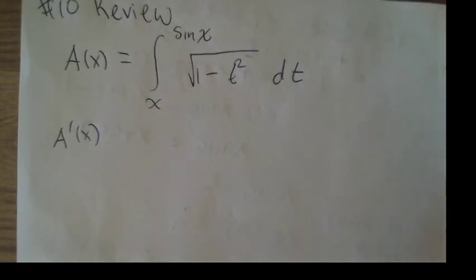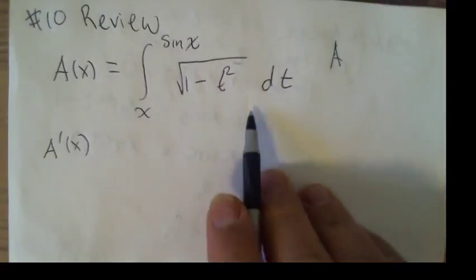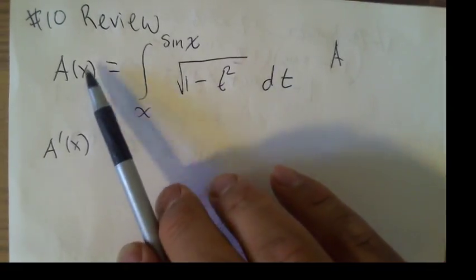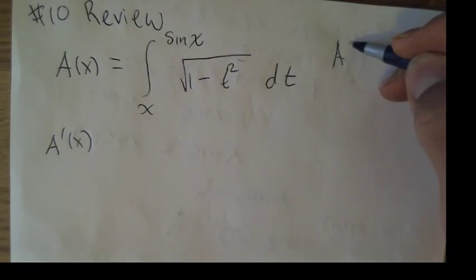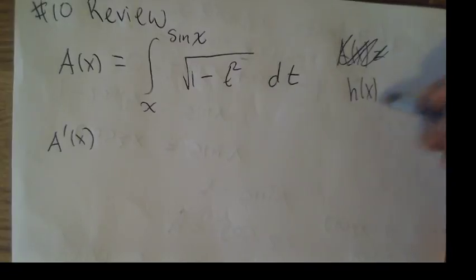Now, when we have something like this, keep in mind that t is just a dummy variable. Our variable is x. So if I have something, let me use a different variable here.